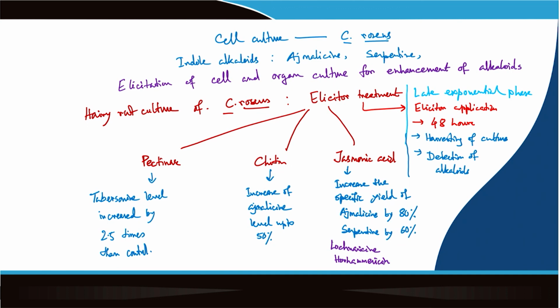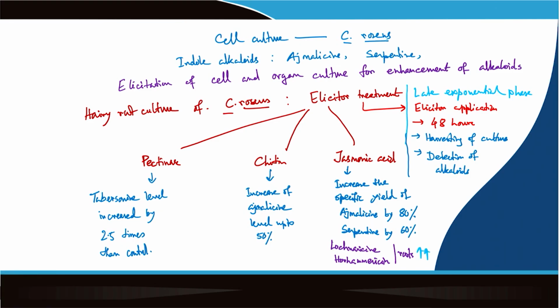So, these are basically the late step of indole alkaloids which are produced only in roots. So, they also found that there is an enhancement of these alkaloids as well when treated with jasmonic acid.